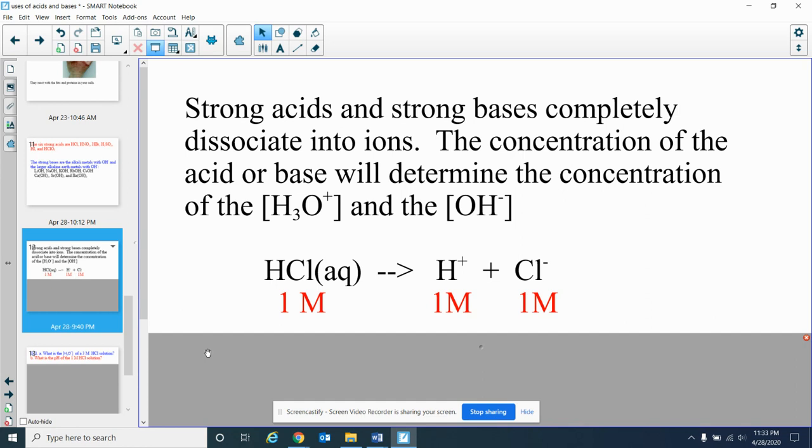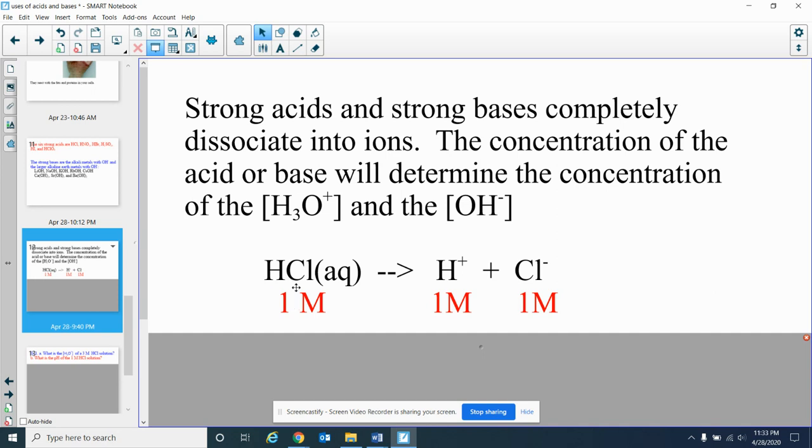So that means we can determine the concentration of the H3O plus and the OH minus from the concentration of the acid or base. We've already talked about how acids produce H plus or H3O plus in water, and bases produce OH minus in water. So if we know the concentration of the acid, we look at what it breaks up into.